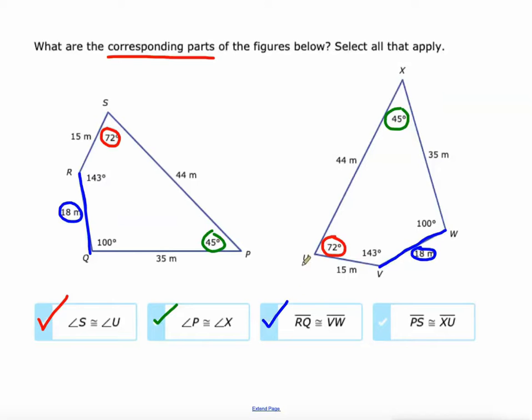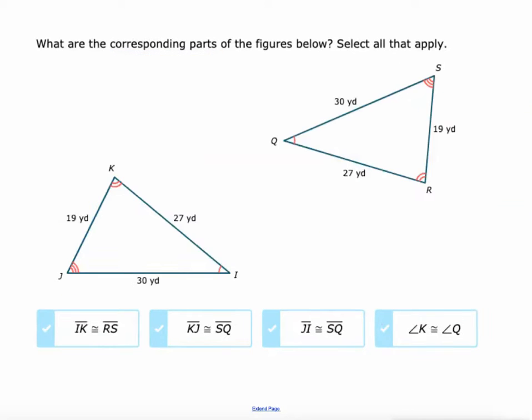So yep, those are corresponding. And lastly, PS, which has a measure of 44, is that congruent to XU right here? That has a measure of 44. Yes, it is. So in this case, all of those are corresponding, so we'd have to check all four of them. There's more, obviously, but those are the ones that are given to us.